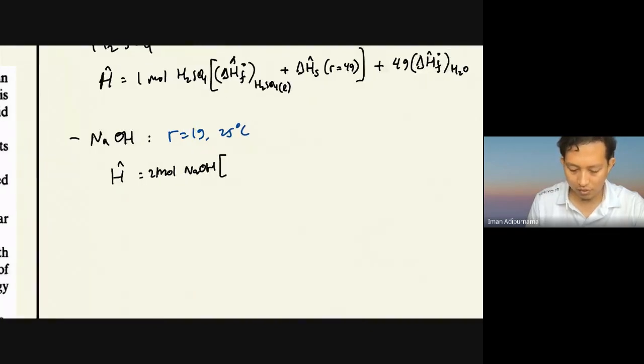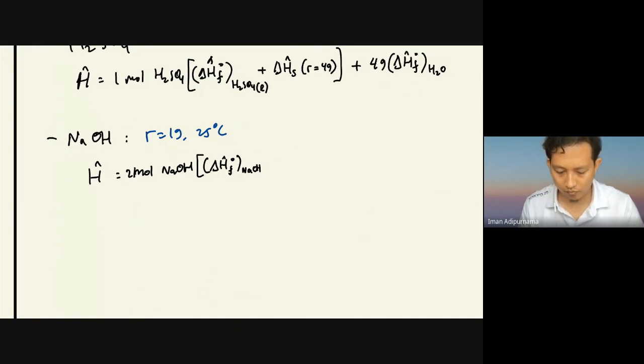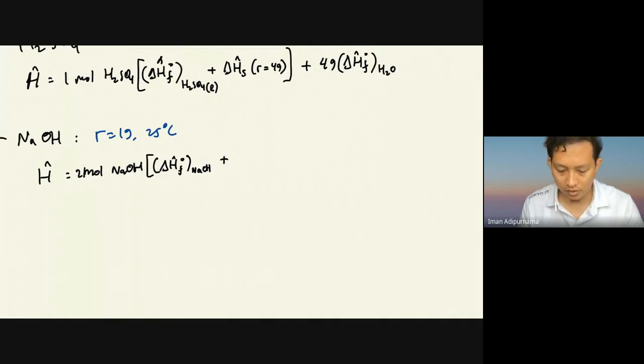And then calculate the heat of formation, which you get from the table, plus the heat of solution.